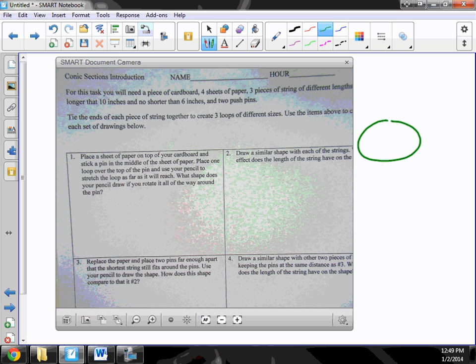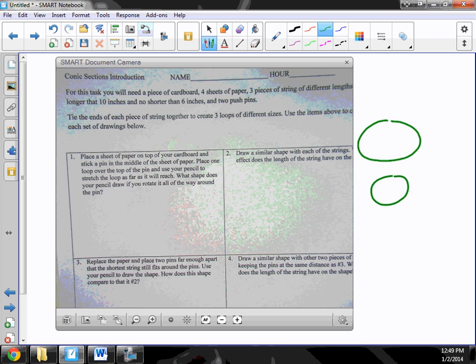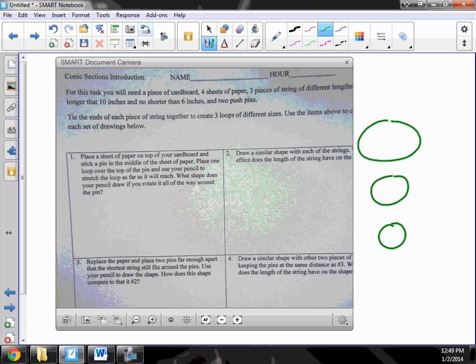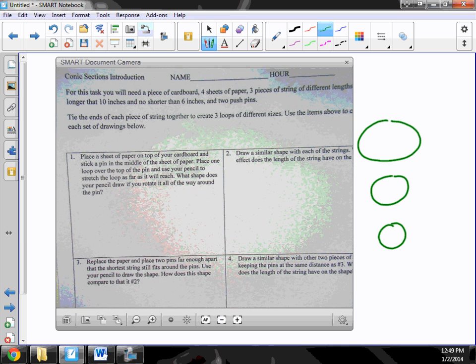Okay? So you're going to tie each one, so you'll have 3 different pieces of string tied in a circle. Okay? Then you're going to take the push pins, and you're going to stick it in the cardboard, and I recommend that you get 2 pieces of cardboard. And when you push it in, don't push the pin till it's flat. Push it in so there's just enough room for the string to sit underneath that. Okay?